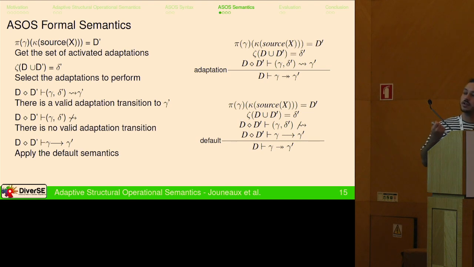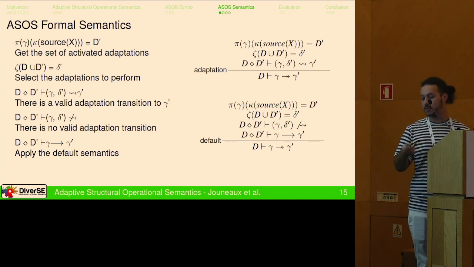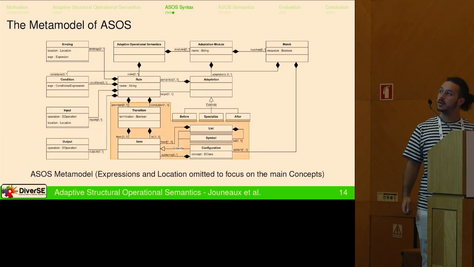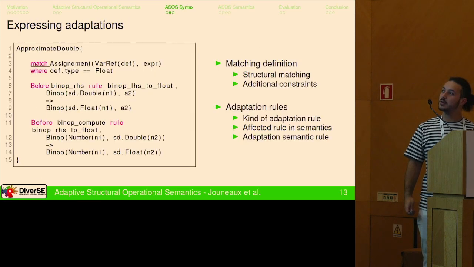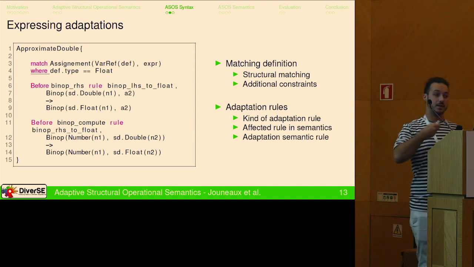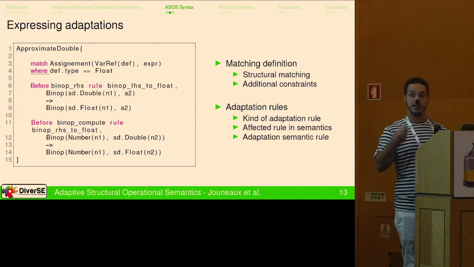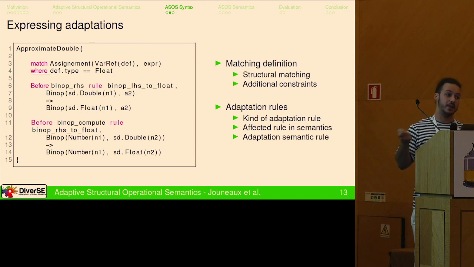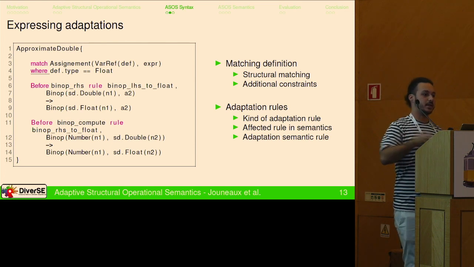No valid transition is that, for example, you have some adaptations that are active, for the assignment. If we take, for example, the previous example, which is, well, so long ago, here we target assignments that are tab float. So you have a module that is activated but is not matching, so we do not provide these rules. So we have to check if those rules are available when we are executing, basically. So that's what it is.